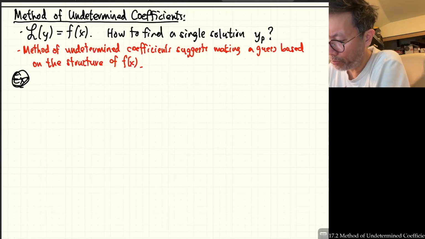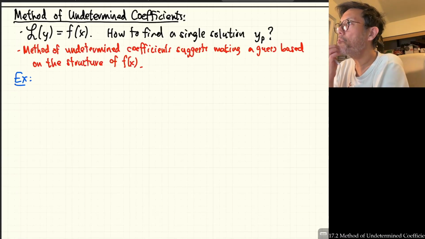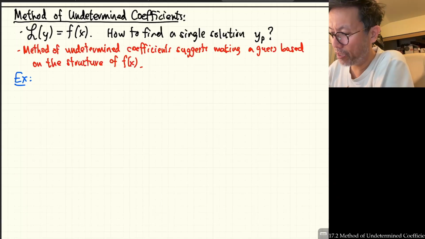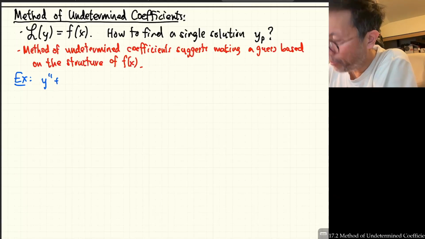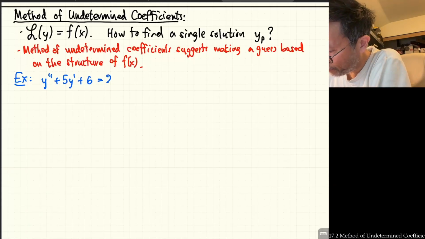Let me do this in blue. So let's say that we have the following differential equation. y double prime plus 5y prime plus 6 equals, let's say, 2x plus 1.